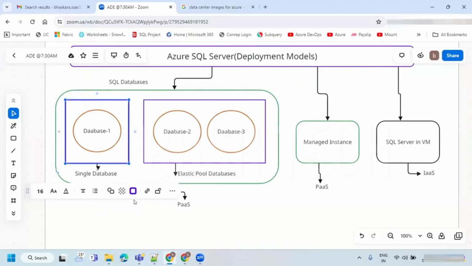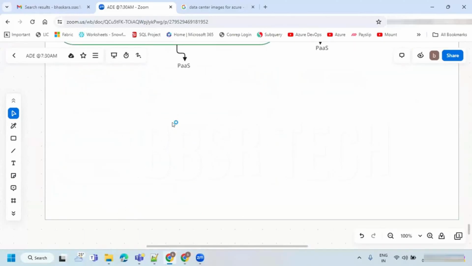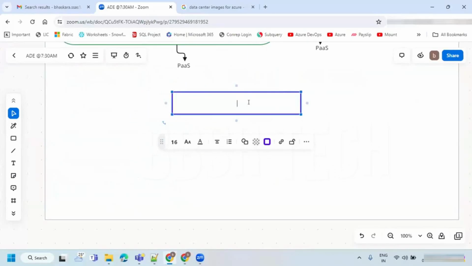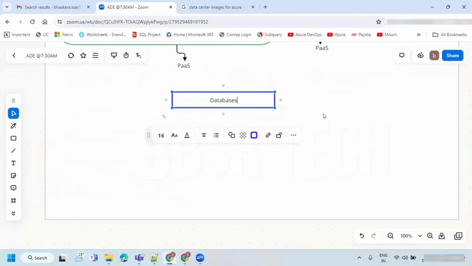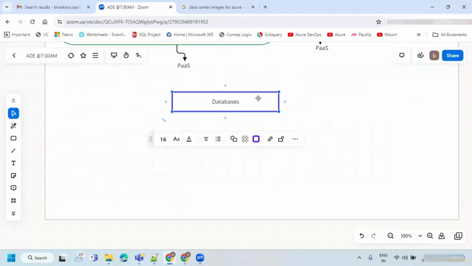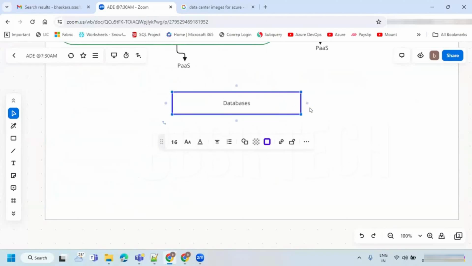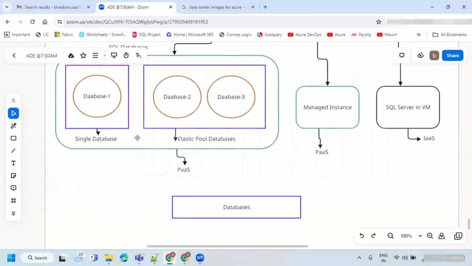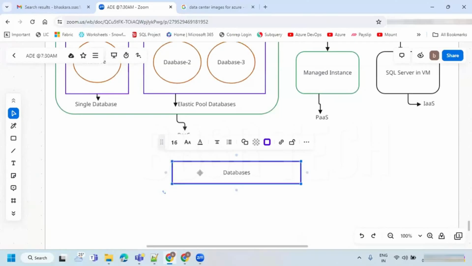Let me take this part. Databases. Just because of the space issues, I'm just taking this. Okay, so this particular area, or I'll do one thing instead of this.